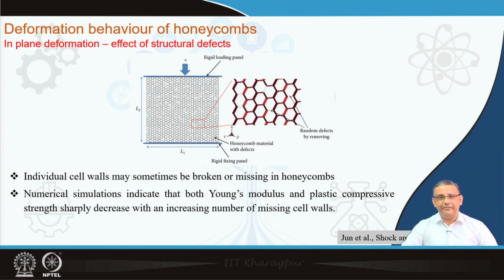When they are compressed in the in-plane direction, the yield strength and the Young's modulus are lower than when compressed along the out of plane direction. The out of plane direction is when we apply the force along the thickness of the honeycomb, while if we apply the force along the length or breadth, that is the in-plane direction.